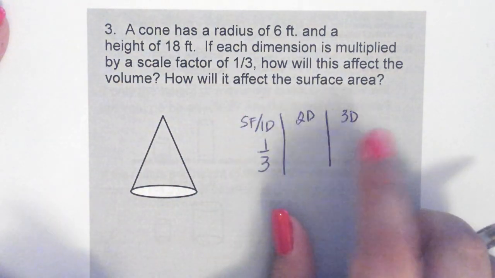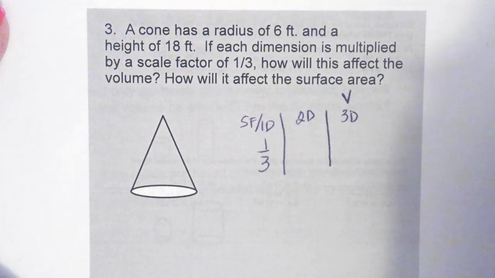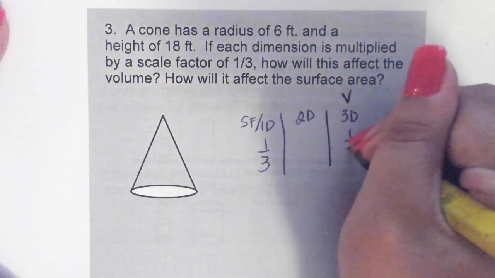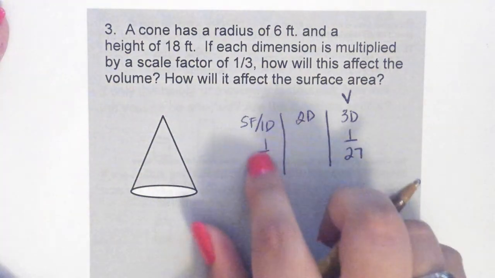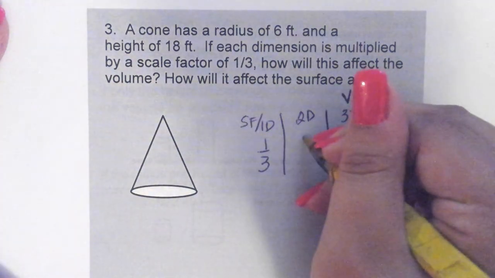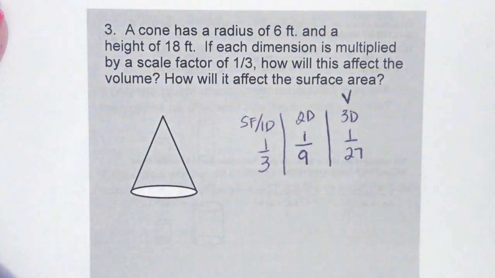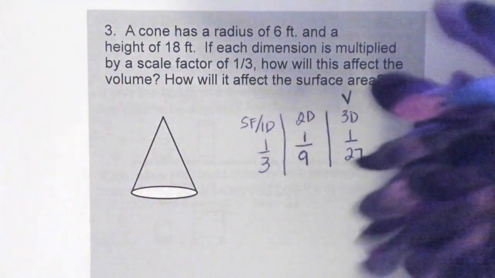What will happen to my volume though? That's my 3D. What will it multiply by? Which is what? 1/27. And what about my surface area? What will happen to my surface area? 1/9. Does that make sense? We good? All right.